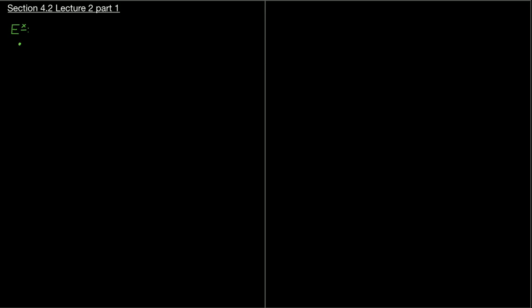So this power series that I talked about at the beginning of section 4.2, n factorial x to the n, you can show using the ratio test that this diverges for any x except x equals 0, because in that case you're just adding 0 over and over and over.